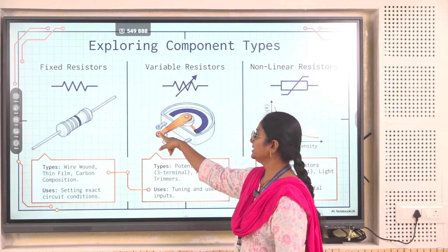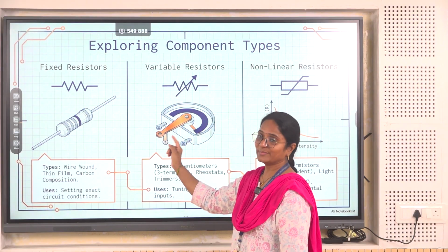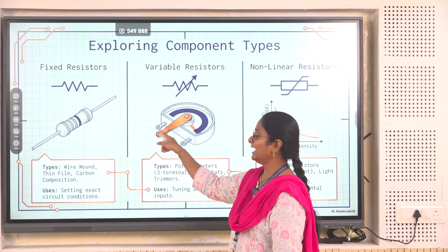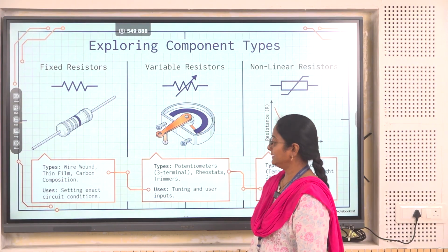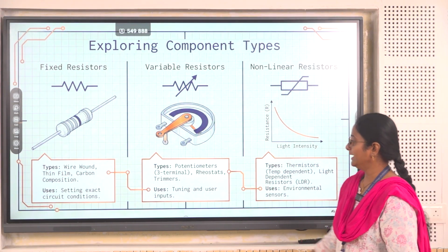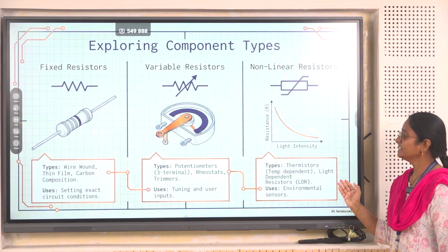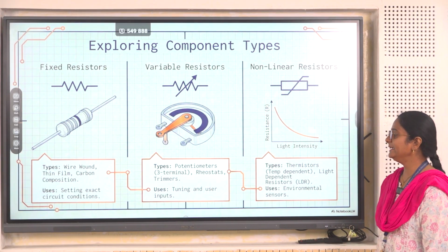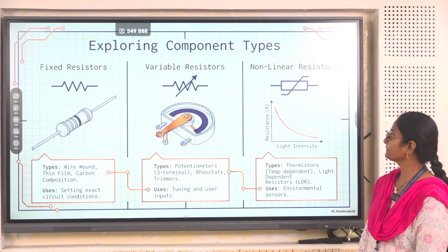The extreme terminals are the fixed value, and the middle terminal is the variable value, where you can measure the resistance across the two terminals. Then you can see the reading, and it is used for tuning purposes. Non-linear resistors like thermistors and LDRs act as sensors nowadays.